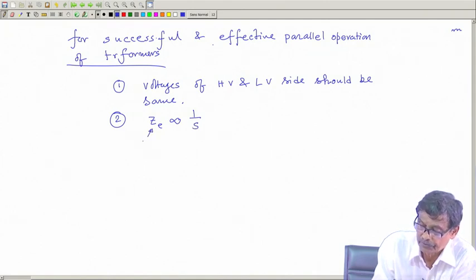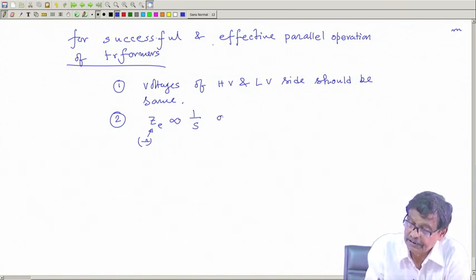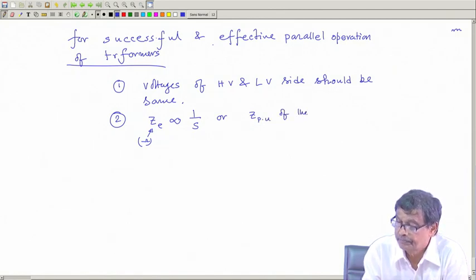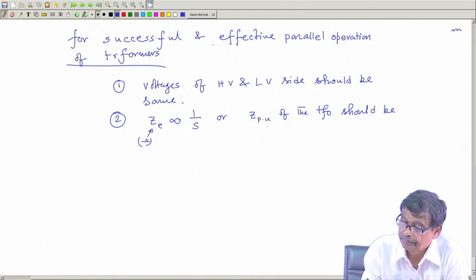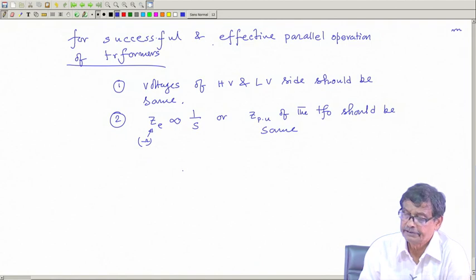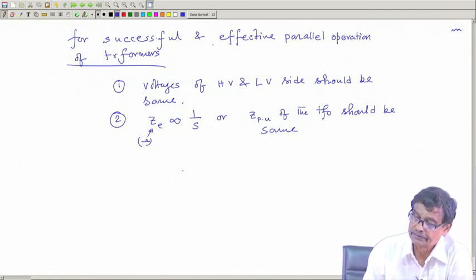Or the same thing: Z per unit of the transformers should be same. When this condition is satisfied, what is guaranteed? The current divisions of the transformers will be in the ratio of these two currents. Okay? Fine.